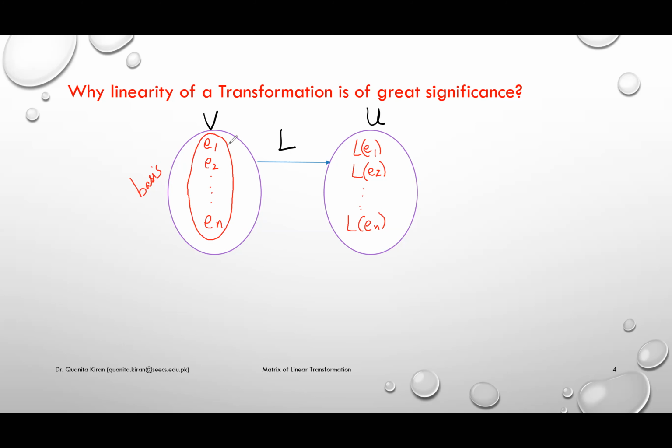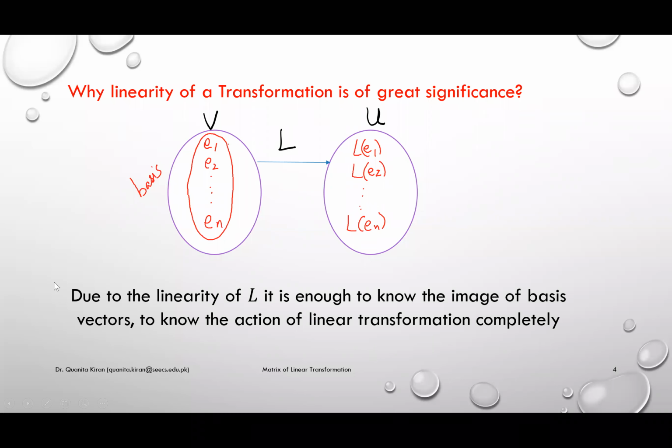So from here we establish the fact that, due to the linearity of L, it is enough to know the image of basis vectors to know the action of the linear transformation completely.